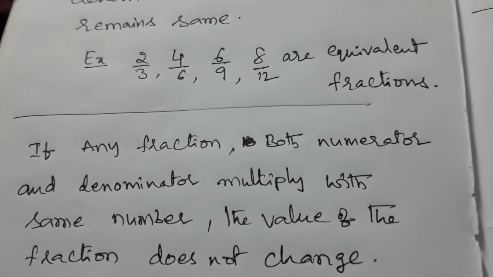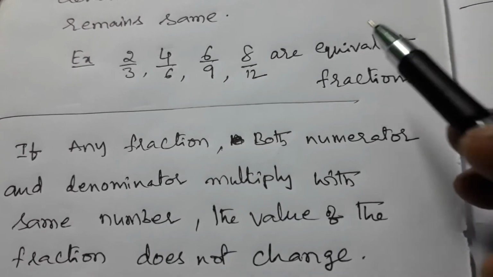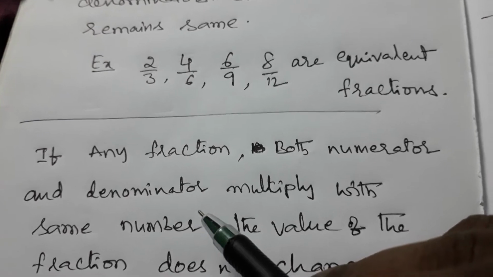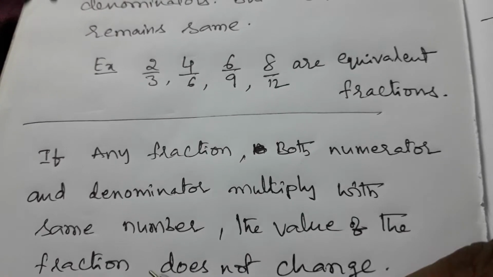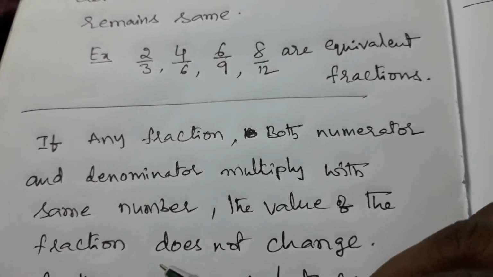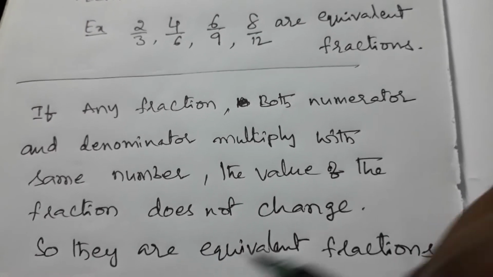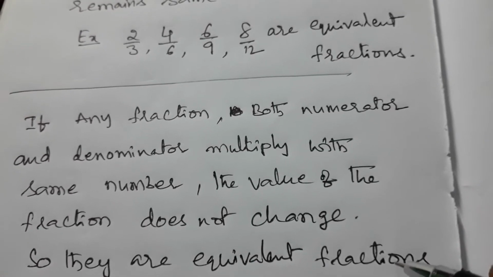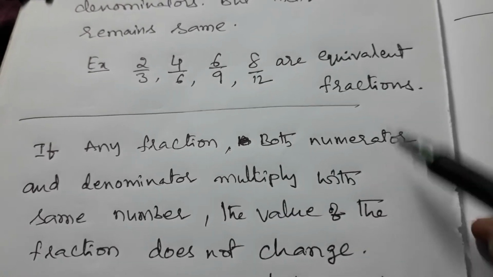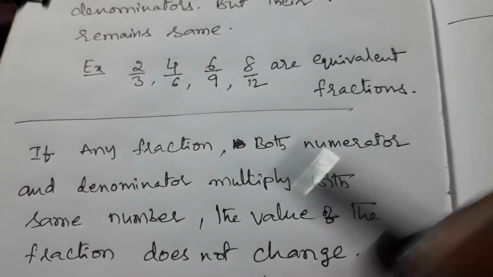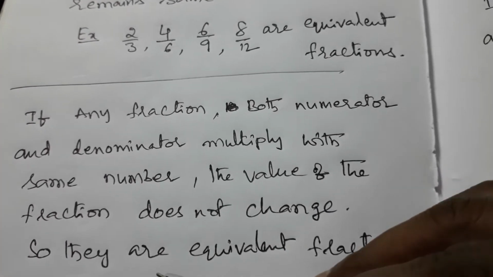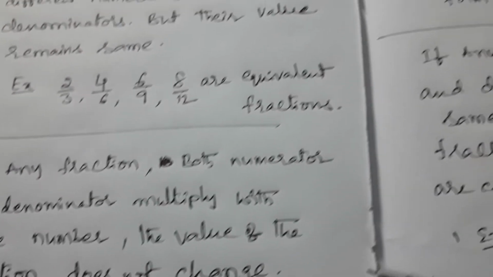If for any fraction, both numerator and denominator are multiplied with the same number, the value of the fraction does not change. So they are equivalent fractions.